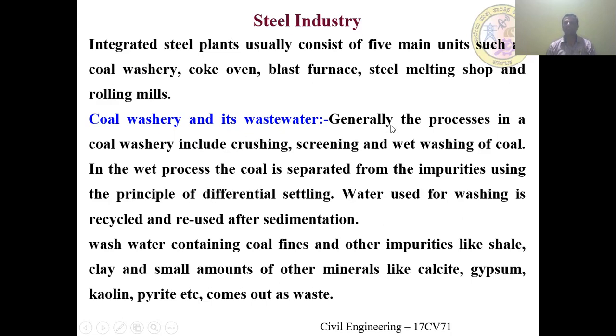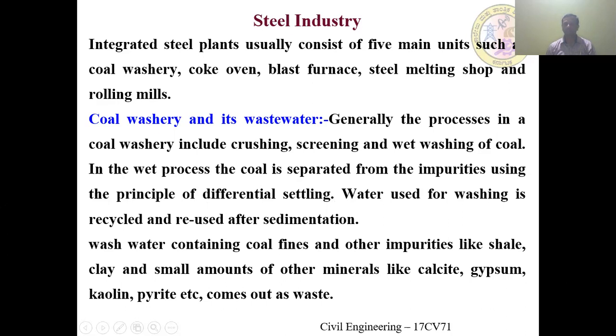Generally, the process in a coal washery includes crushing, screening, and wet washing of coal. So, first, we are going to grind the coal and wash it to remove any unwanted materials. In the wet process, the coal is separated from the impurities using the principle of differential settling.